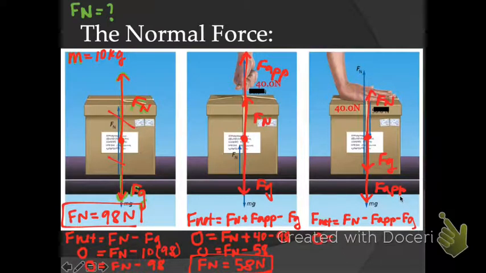So now I'll go 0 net force equals Fn minus 40 minus 98, which means in this case, my normal force equals 138 newtons. Okay, so when I push down on my object, that surface is having to work harder. Okay, and so it's a greater amount of force.